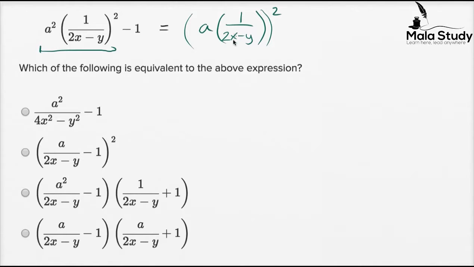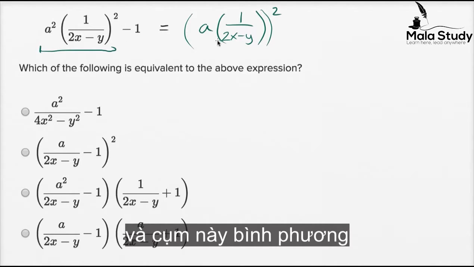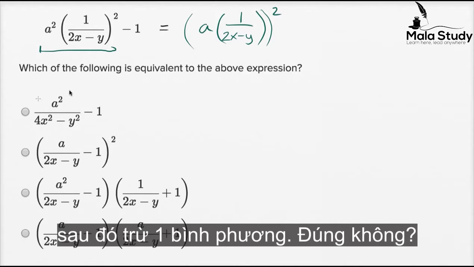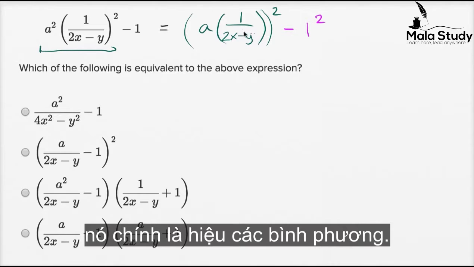Because notice, if you have a times this squared, that's the same thing as a squared times this thing squared, which is exactly what you have there. And then minus 1 squared, right? 1 is the same thing as 1 squared. And when you write it this way, it becomes very clear that this is a difference of squares.